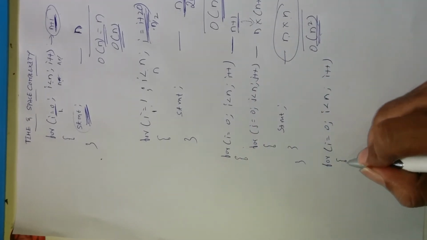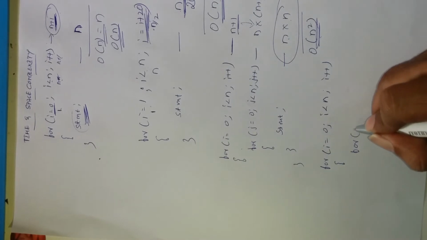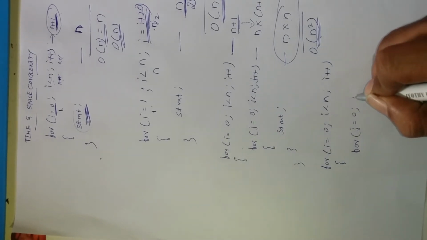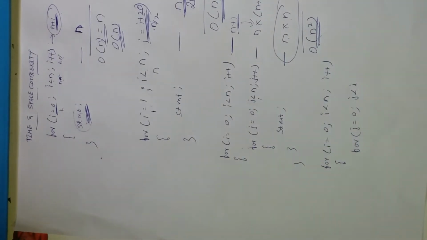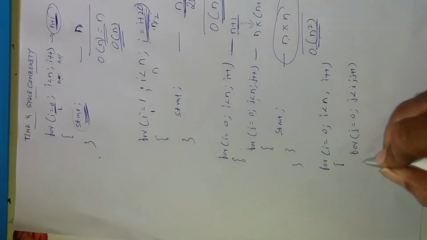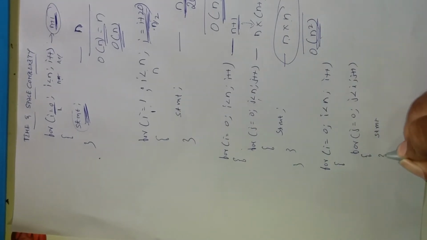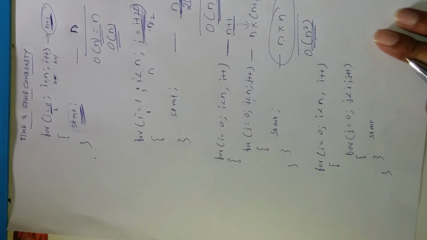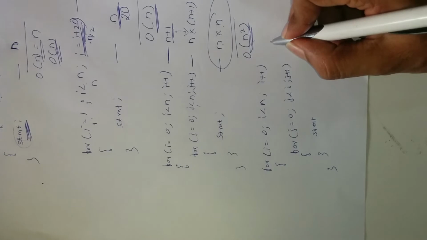Similarly, it is the same nested loop, but inside the loop we have to change some values. j is equal to 0, now j is less than i. In the previous problem j less than n is there, but here j less than i and j plus plus. Open brace, finally we give the statement, and close. Clear?